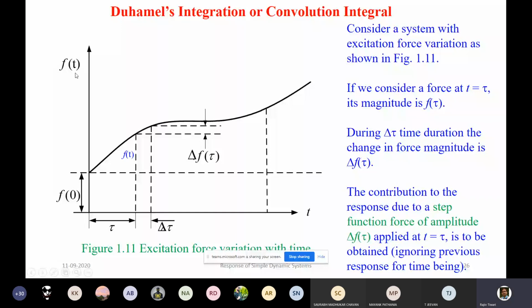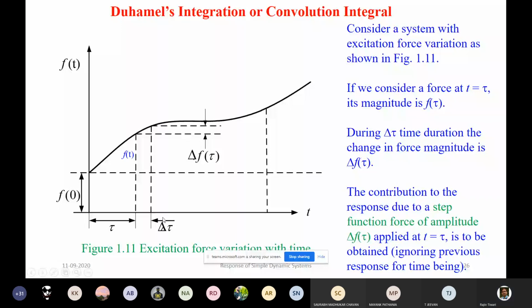Let us say at time tau, we have the magnitude of the force as F tau. Here you can see this force has started at time t equal to 0 with magnitude F of 0, but at t equal to tau it has magnitude F tau, and after this small time duration delta tau, the change in the force is delta F tau. So this is the change in the force during a small time.